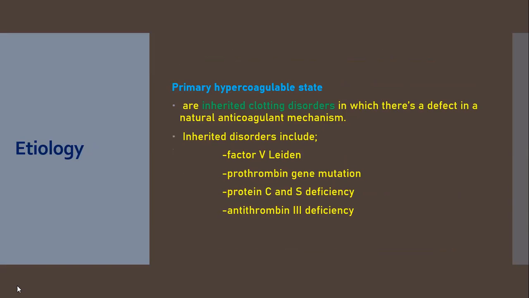And its etiologies, one of them is primary, and this can be due to inherited clotting disorders in which there is a defect in the natural anticoagulant mechanisms. So some of the inherited disorders include the following: factor V Leiden, prothrombin gene mutation, protein C and S deficiency, antithrombin 3 deficiency.